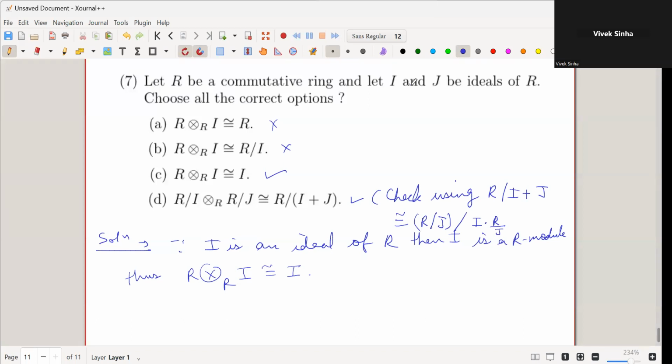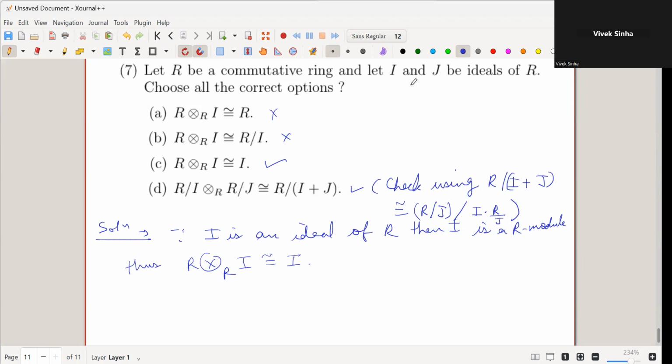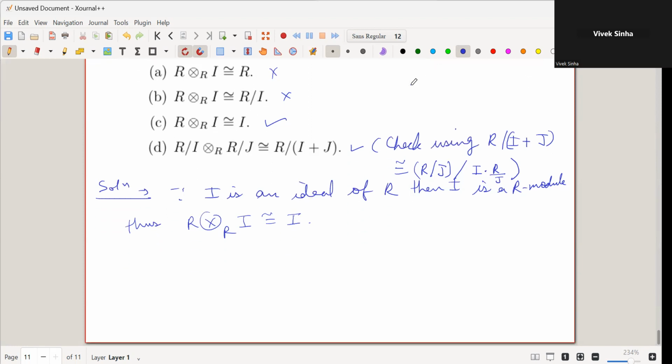So J is a ring, I is a ring. So you define I dot J by just the multiplication thing, and then R modulo I dot J. This is the same as R modulo I plus J, and you define the map from R modulo I to R modulo J, from here to this thing, and then you check the surjectivity and injectivity thing. It will follow. Okay.